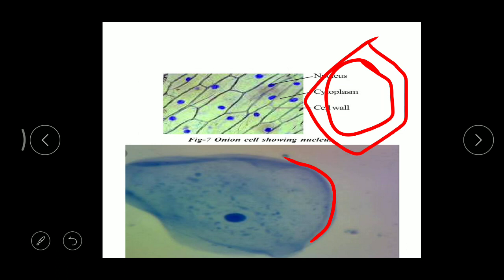So the outermost layer in a plant cell is the cell wall, and in an animal cell we can find the cell membrane. That is a very important difference. In an animal cell, the cell membrane or plasma membrane is the outermost layer, but in a plant cell, the cell wall is the outermost layer, right?